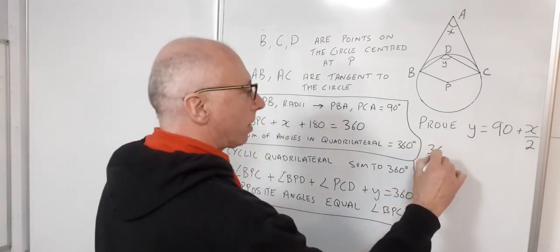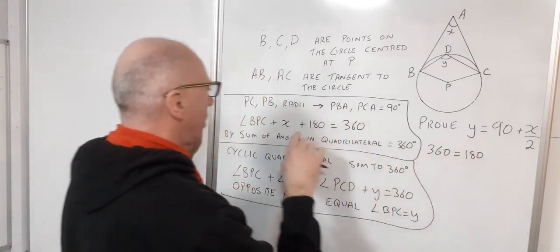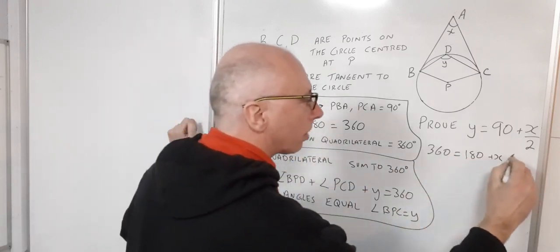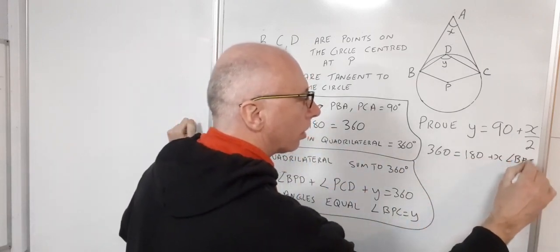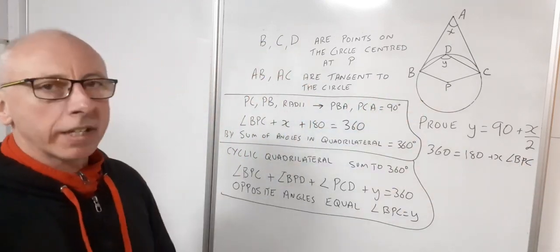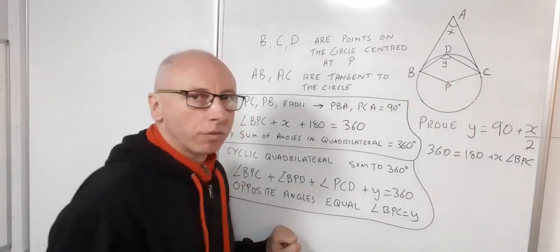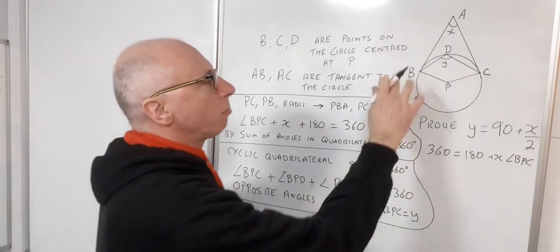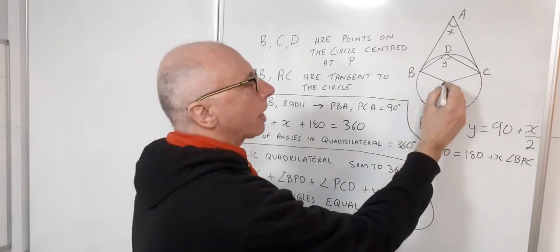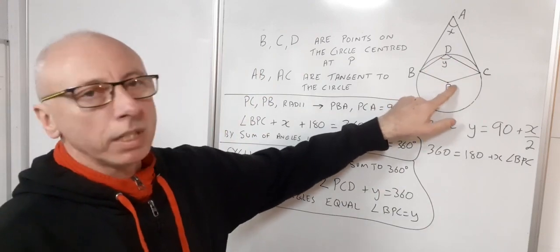So 360 equals 180 plus x plus angle BPC. Okay, now I want to try and find angle BPC. Now what I can see is that when you have two lines drawn from the centre of a circle meeting at a point, the angle formed at the centre will always be double.